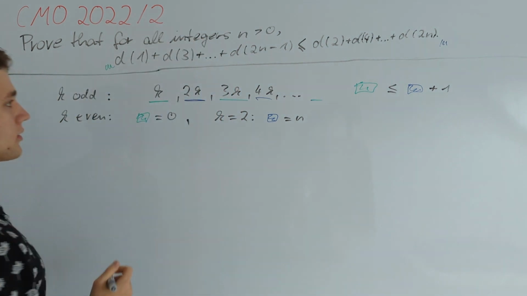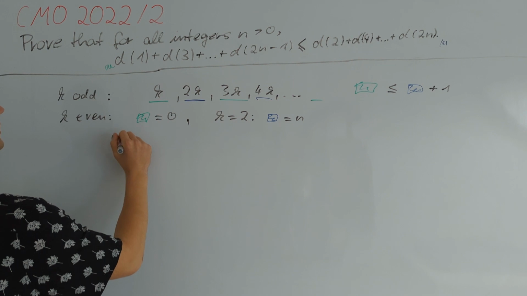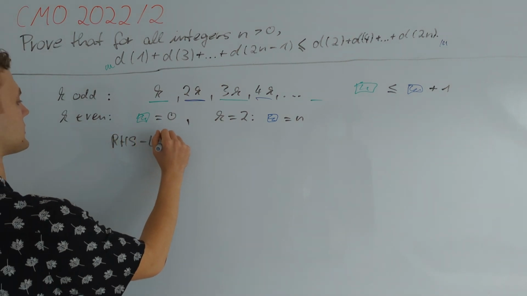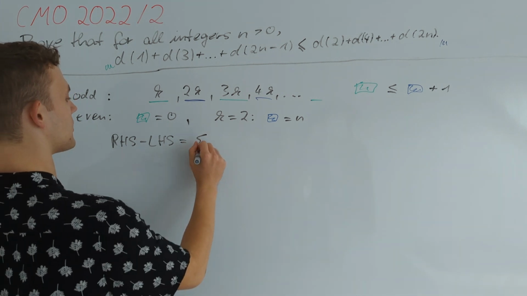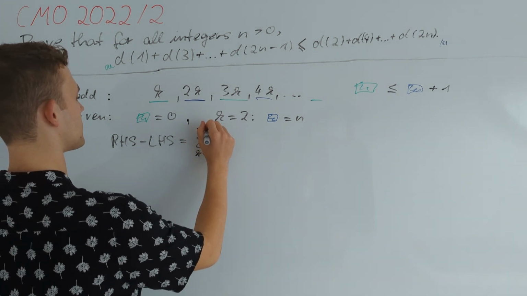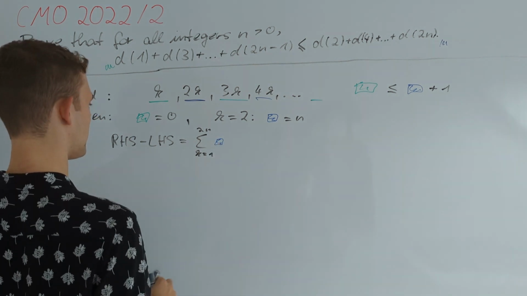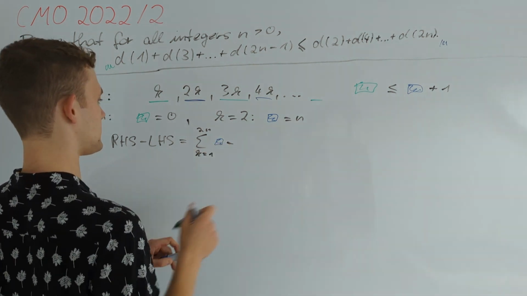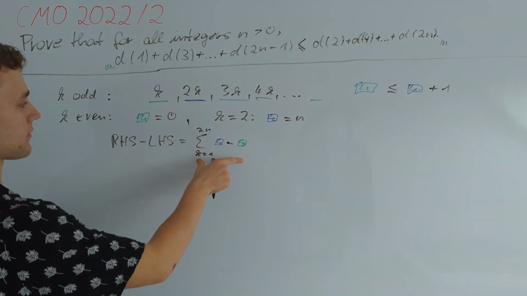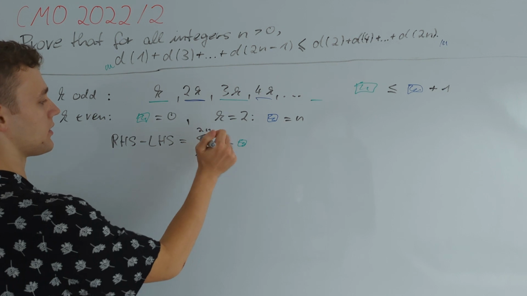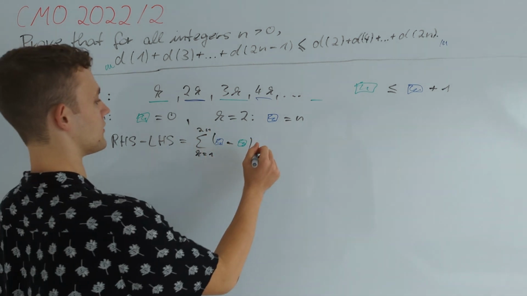So wrapping up all that we have, we get that the right hand side minus left hand side is nothing but the sum going from k equal to 1 up to 2n of the blue contribution of k minus its green contribution. We already noted that for even k, this inner sum is always going to be non-negative.